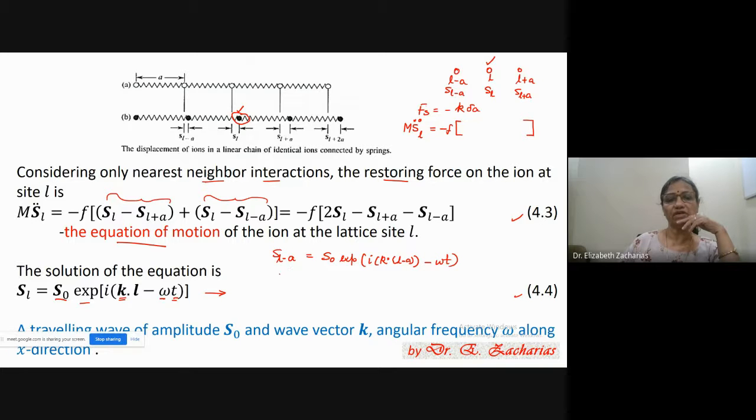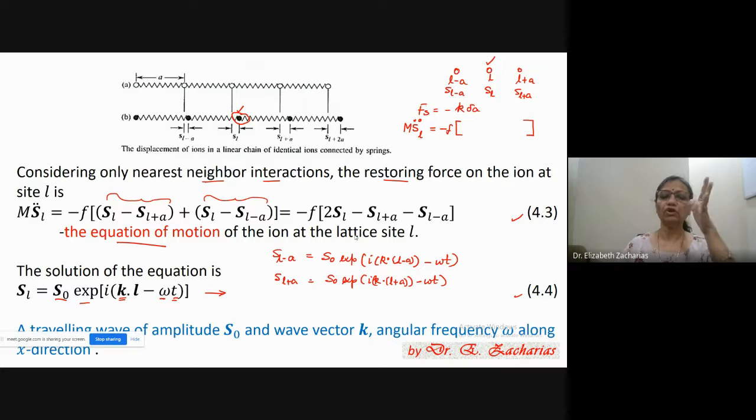So similarly, you can write S_(l+a), that will be S naught exponential i(k·(l + a) − ωt). So put all this into this equation and then solve it.